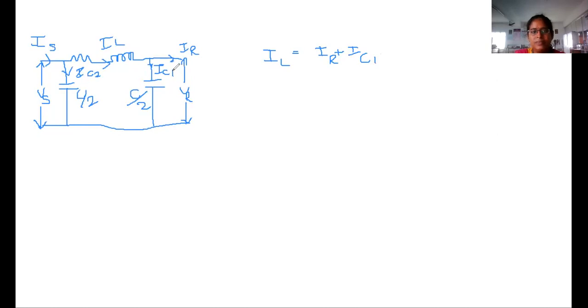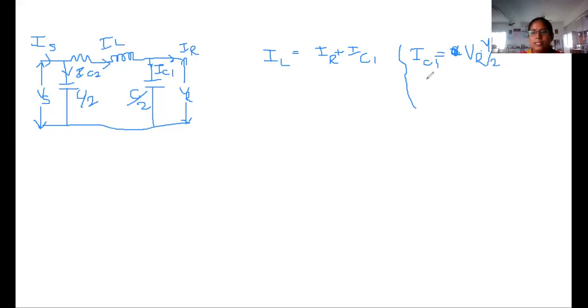In place of IC1, we can write IC1 equals VR into Y by 2, since the voltage VR is present across capacitance C1 and C by 2 corresponds to XC by 2, which we rewrite as Y by 2.